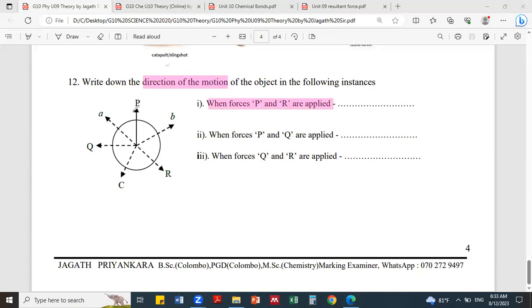Tell me, out of P and Q, the direction is what? Simple letters are used for the direction. These are the three forces, P, Q, R.